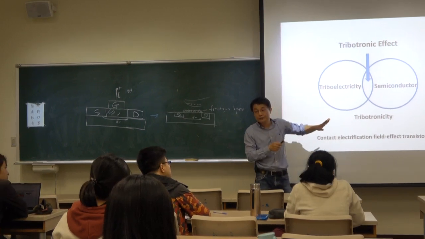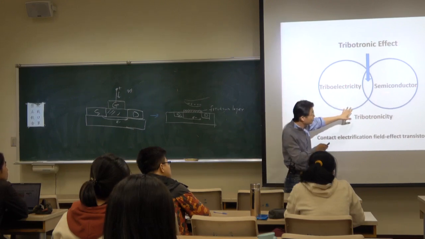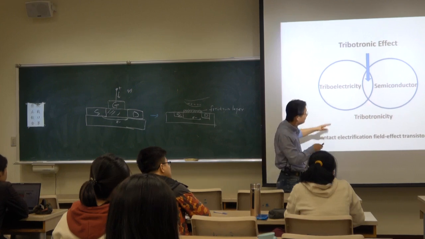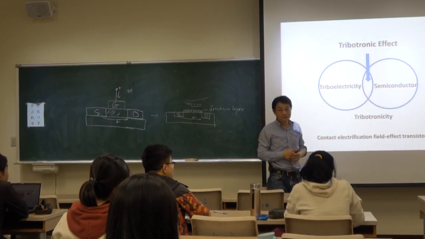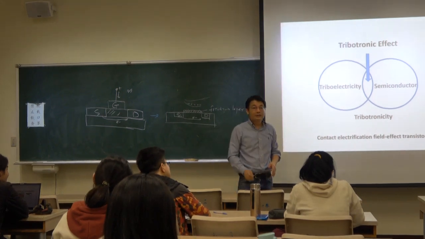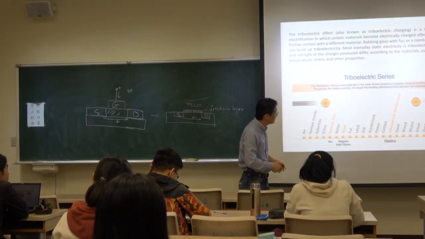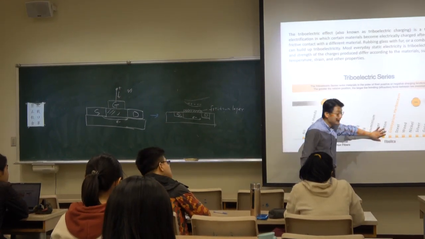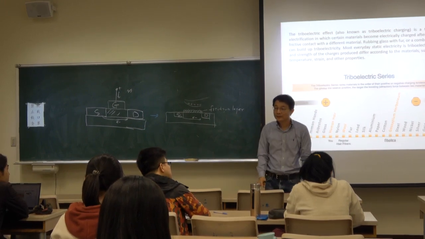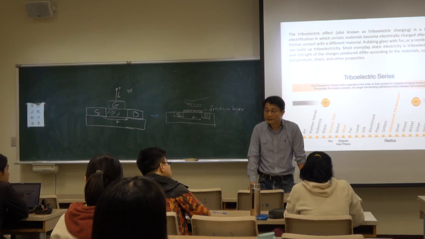So-called tribal electricity: if a material has tribal electricity and is also a semiconductor, their coupling will be tribotronics. This is the so-called tribotronics, because as I just mentioned, all semiconductors still have tribal electrical properties.